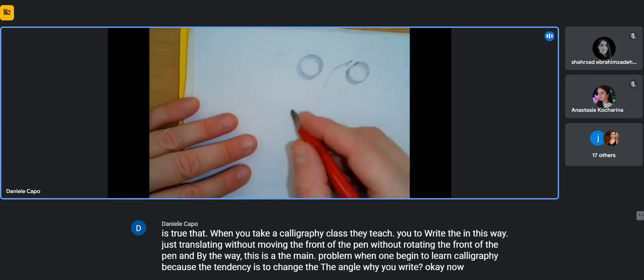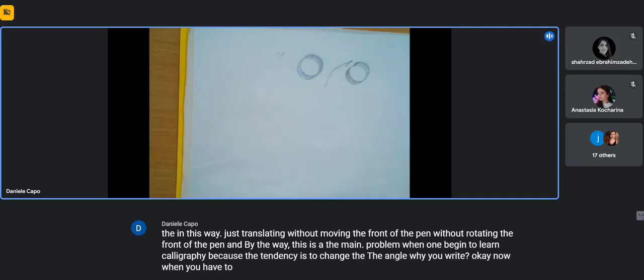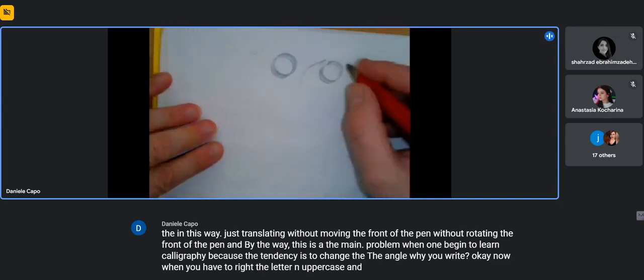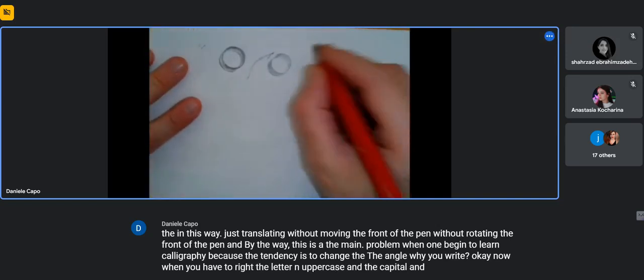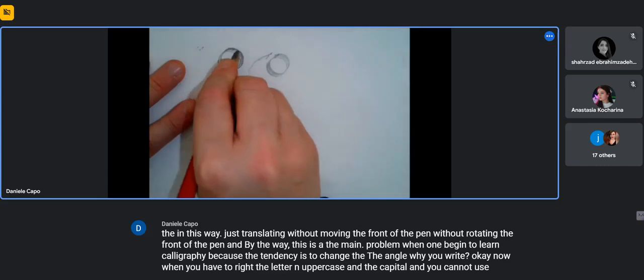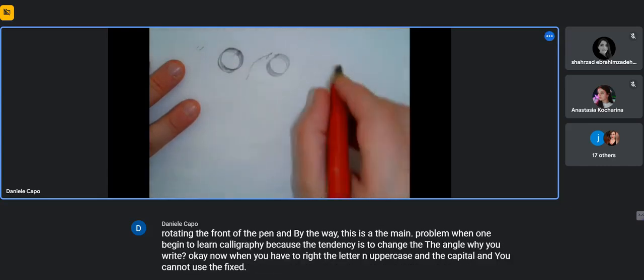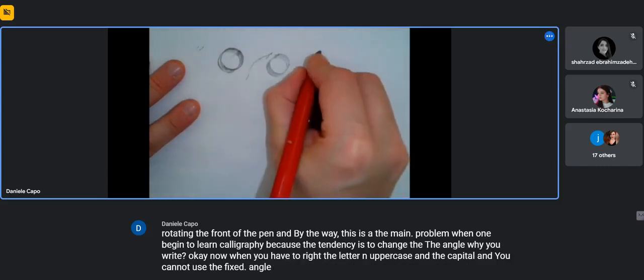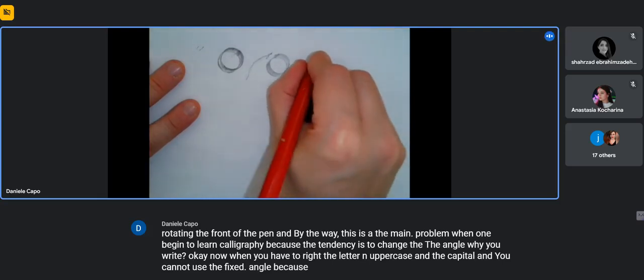Now, when you have to write the letter N, the uppercase N, the capital N, you cannot use the fixed angle, because let's see what happens.